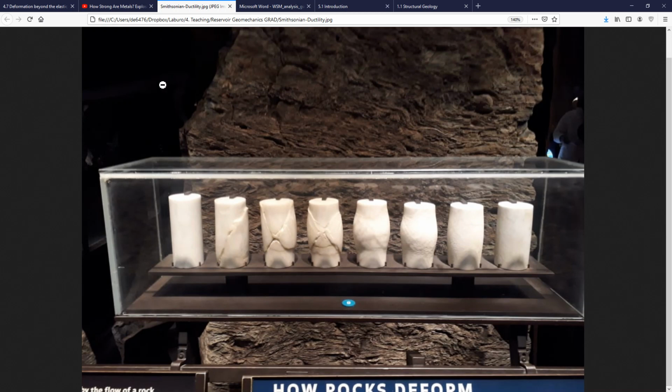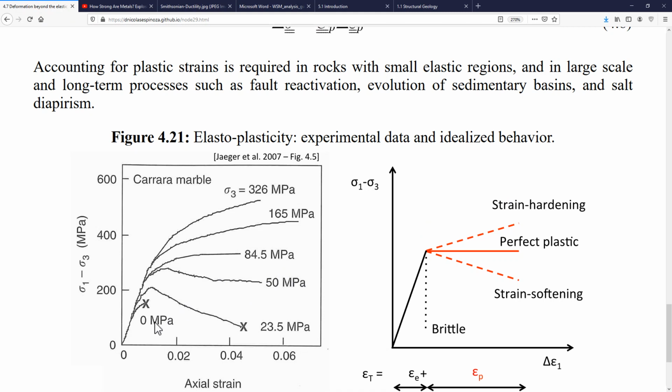And when we actually measure those stresses, we see something very similar to what we see over here, in which if we have no confinement, this is the maximum stress that we can apply, the deviatoric stress in this case. And if we keep on increasing the confining pressure, we go into this ductile regime in which we have significant plastic strains, and the strength of the material is actually higher.